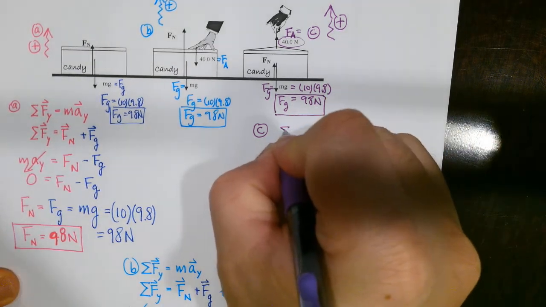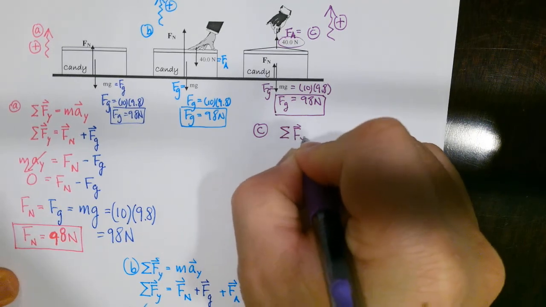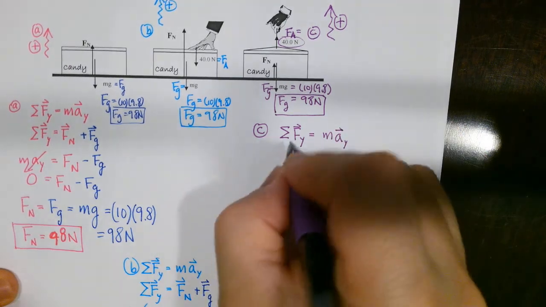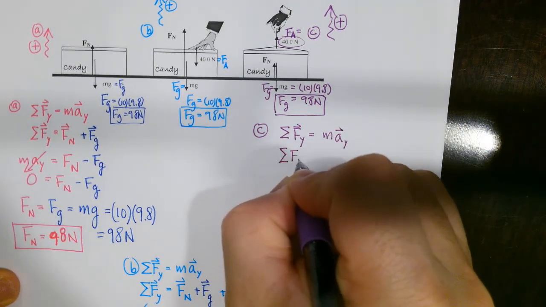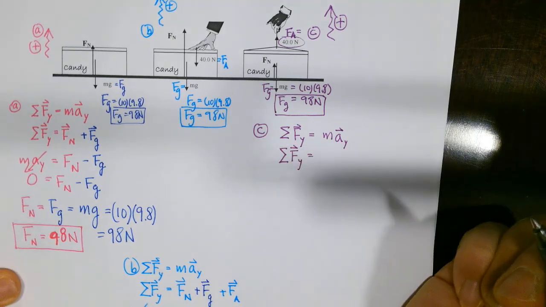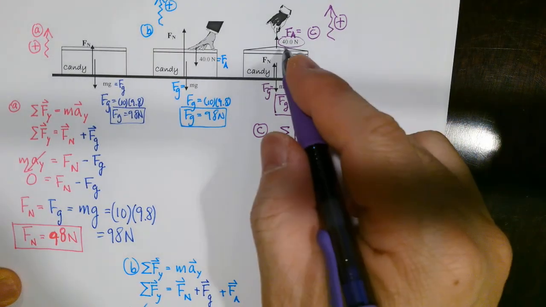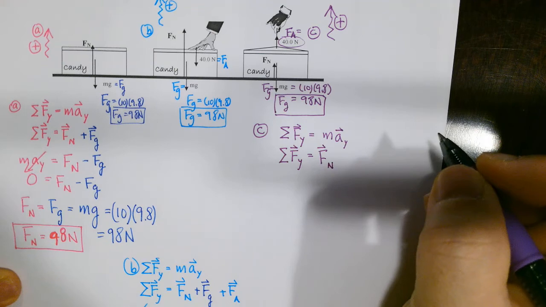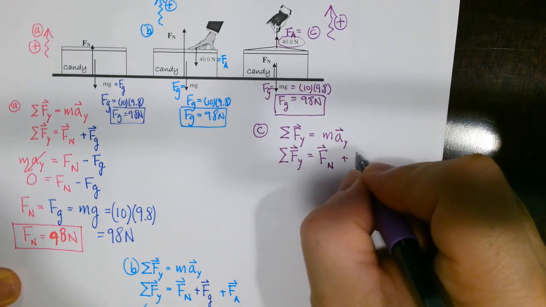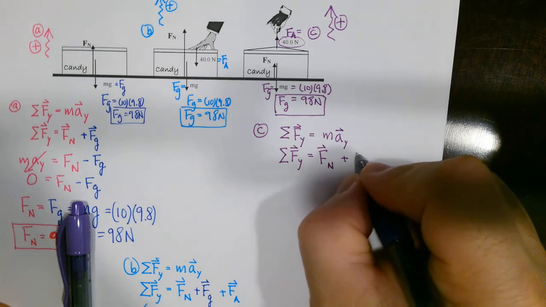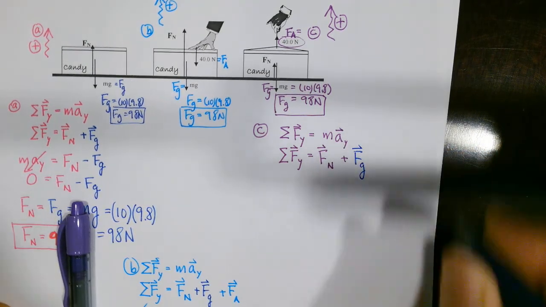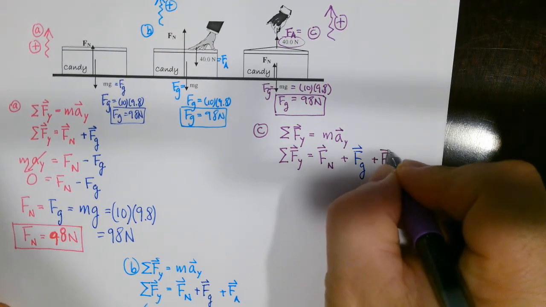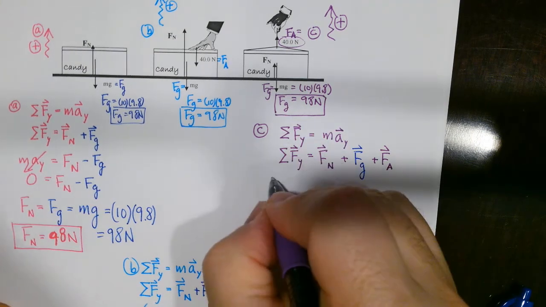So sum of all forces in the y direction is equal to MAy. Sum of all forces in the y direction is equal to, I have F normal plus Fg plus Fa. Now, let's set them equal to each other.